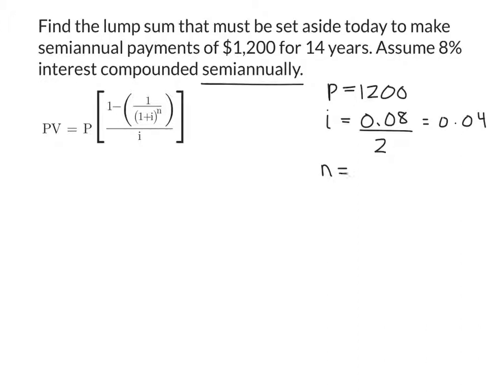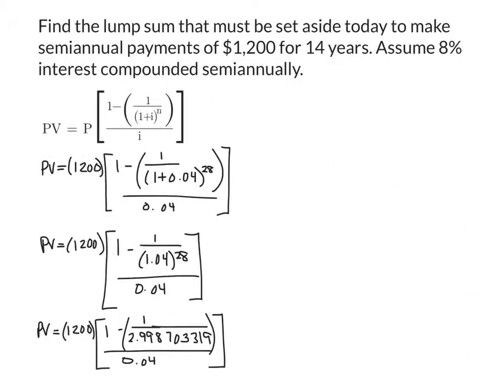N is the total number of compounding periods, so we're going to multiply 2 to represent semi-annually by the number of years, which is 14, and that gives us a value of 28. Now we'll just plug those values into the formula and solve.